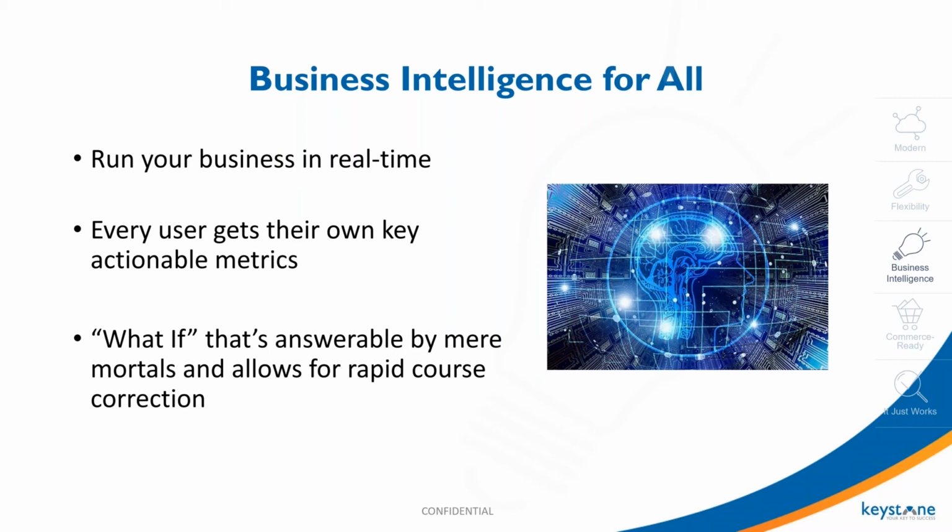So if that is looking at what happens if we change the reorder point on a piece of inventory, you can easily go in and do that analysis, and the system will support you on that so that you can make forward-looking decisions and actually have actionable insight. Next slide, please.